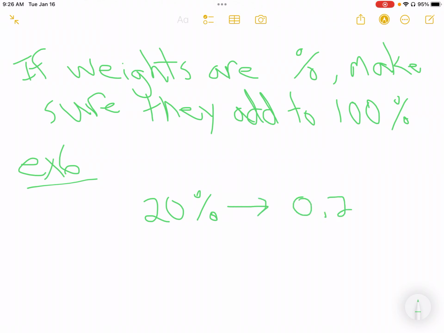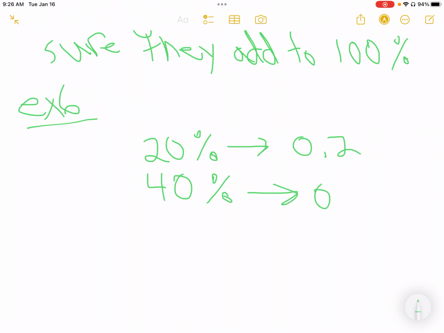And his final paper was weighted 40%, so that's 0.4. But I said he had 3 of these, and then he has 1 of these.